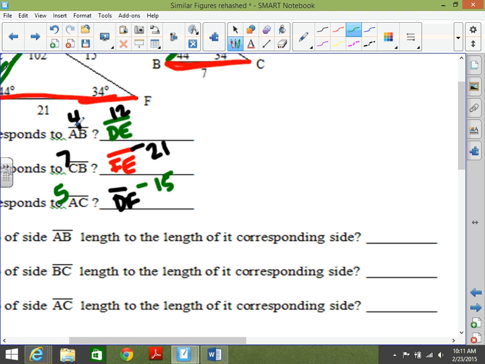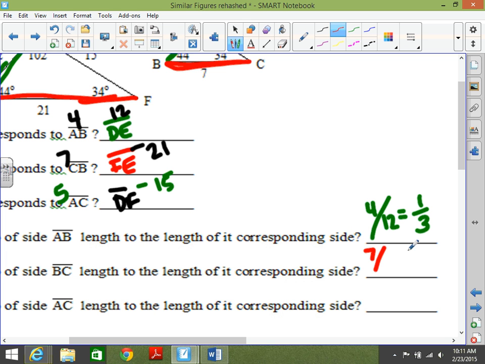We already wrote that out. How long is AB? 4. And its corresponding side is how long? 12. Can we reduce that? Yeah. What will it be? 1/3. Yep, 1/3. Good. All right, BC. How long is BC? 7.